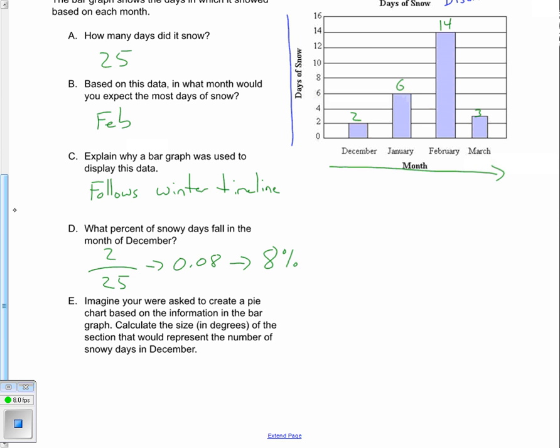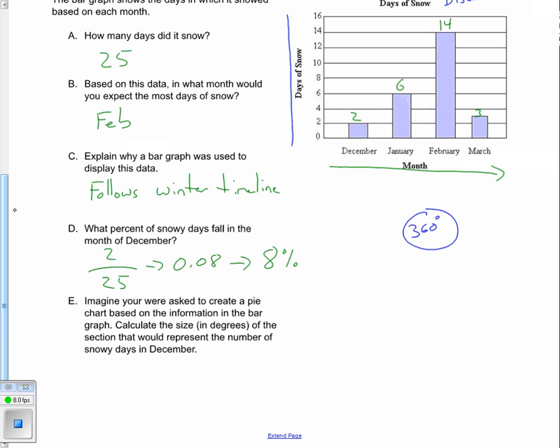Calculate the size in degrees of the section that would represent the number of snowy days in December. We know that 25 days represents 100% of the days of snow, and that a pie chart is a circle, and a circle has a total of 360 degrees inside of it.